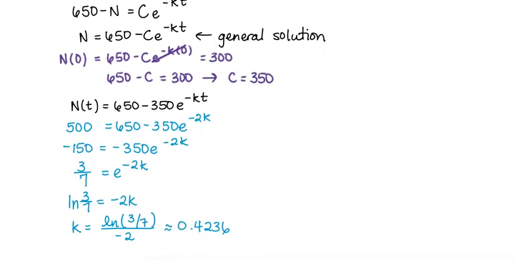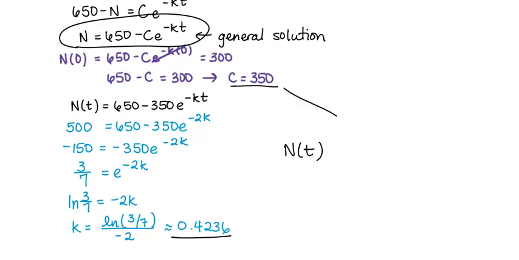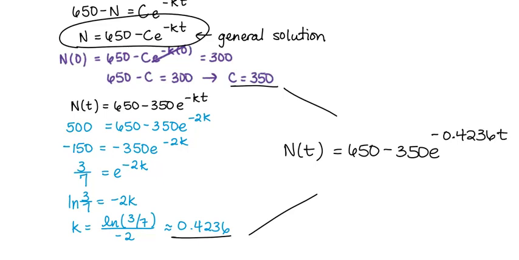So now I know the entire model for the function. I'm taking the general solution and combining what we found for c and k to get that our function is 650 minus 350 e to the negative 0.4236 t.